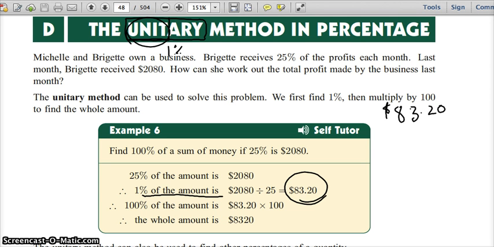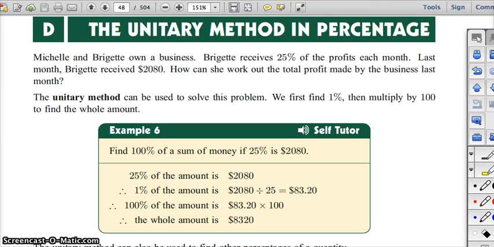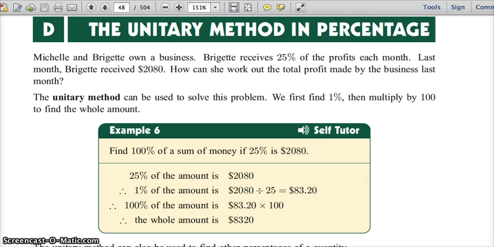Okay? If I was to say to you, what's 50% worth? All right? What is 50% worth? That's the question. You would simply multiply the 83 by 50, yeah? Okay? What I'm saying is once you find out what 1% is worth, you can find out any other percentage amount. Let's change it up to 83.20 is worth 1%, okay?